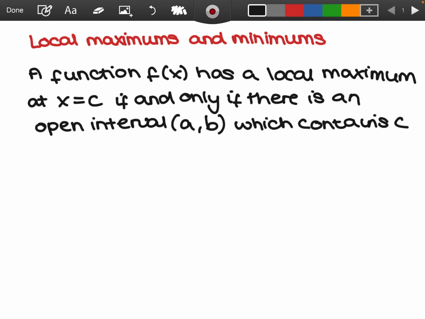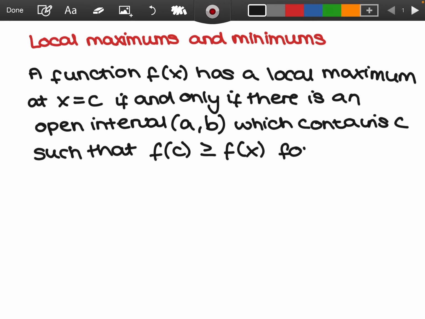So I have this open interval of x values that contains this one specific x value such that f of c is greater than or equal to f of x for all x in (a, b), so for all x that are in that open interval.